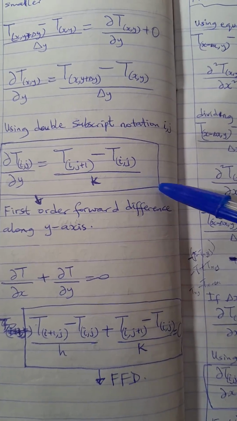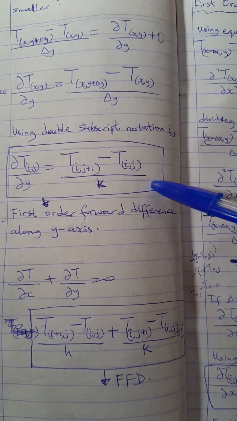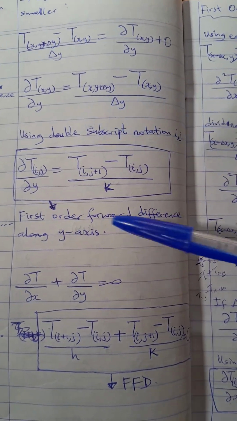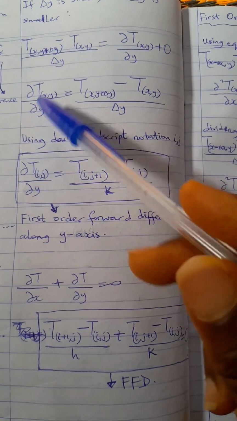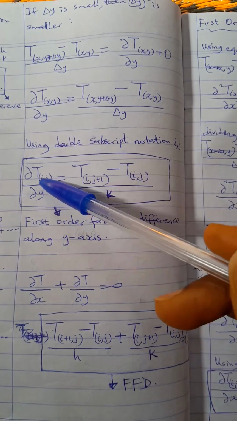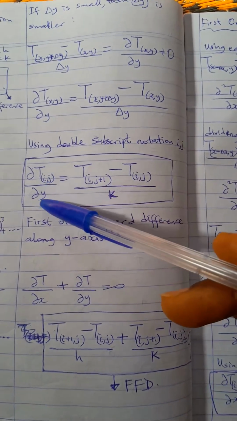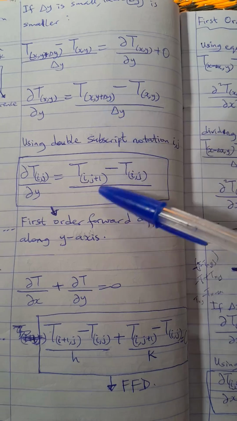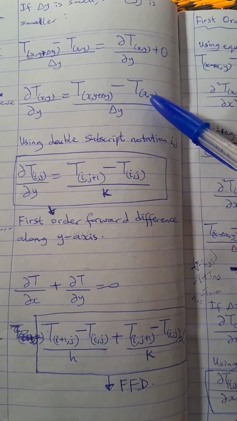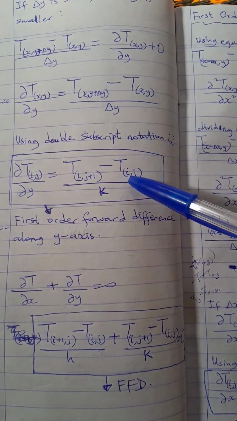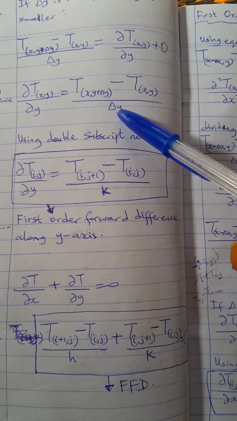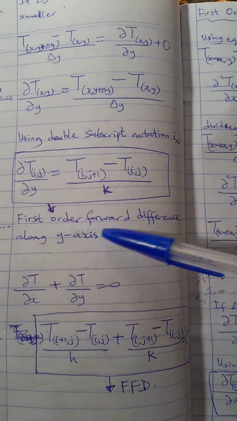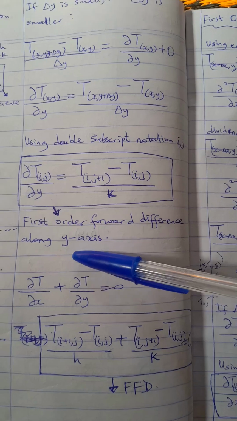That delta y will now change to 1. It will be j plus 1 instead of y plus delta y here. So now this is the result. x here is now i, and your y plus delta y is now j plus 1, minus T(x,y), which is now T(i,j), over delta y, which is k. For the double subscript notation, we change delta y to k. So that's the first order forward difference along the y axis.